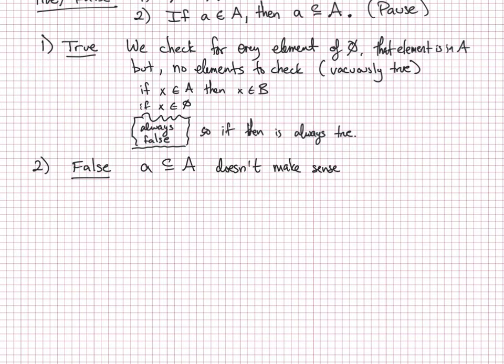When I write this containment symbol, it's a relation between sets. A is contained in B, and A and B are sets. But it's not a relation between a set and an element of the set. So how could I make this statement true? It would be true if we replace A by the set containing A.